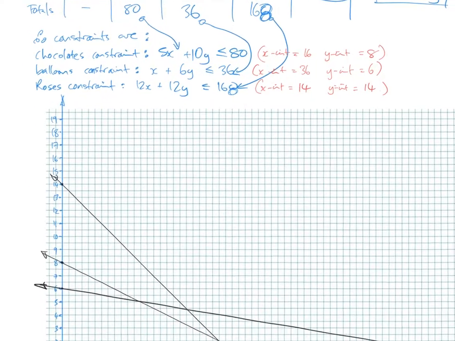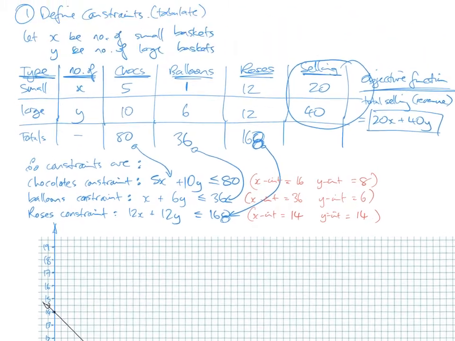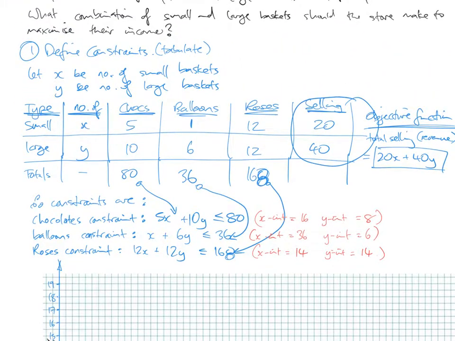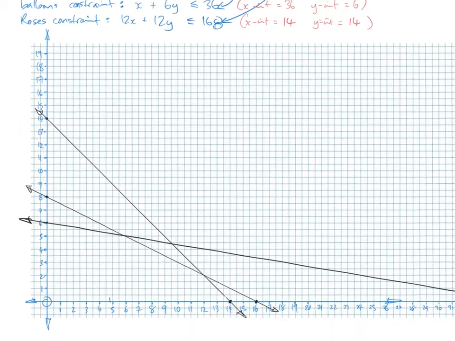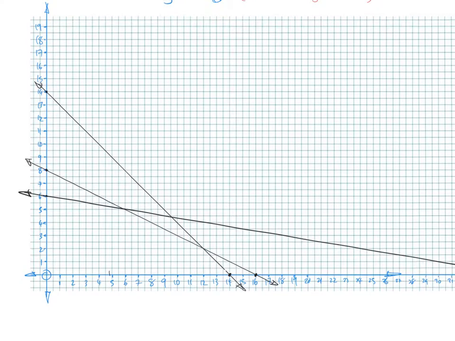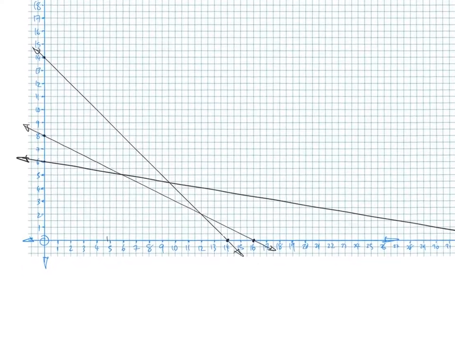I've also done the second part of step 1, which is to tabulate and draw accurately. I've done it as accurately as I can on this slidey screen with the slidey rulers. So here we go, I've done the constraints.